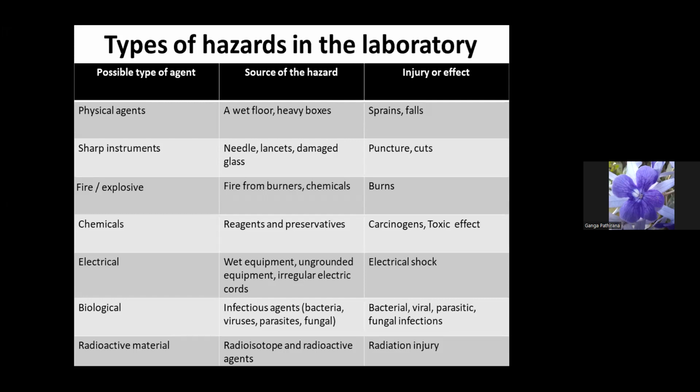And sharp instruments like lancets and damaged glass can cause punctures and cuts. Fire and explosives from burners and chemicals can give workers burns. Chemicals like reagents and preservatives are most of the time carcinogenic and have some toxic effects.